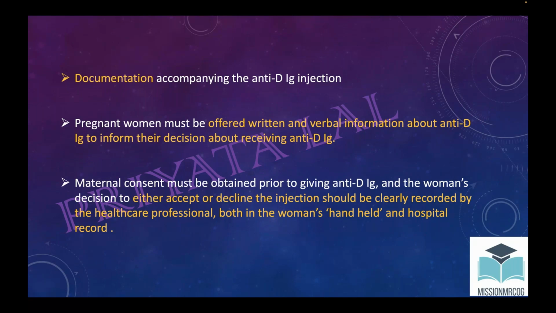The patient should also get verbal and written information, and consent has to be taken, then only this anti-D is to be given. Because anti-D is a human product, and if the patient is a Jehovah's Witness, they may refuse it also. So whether they will accept or decline should be clearly documented in the notes. This is all about the documentation.